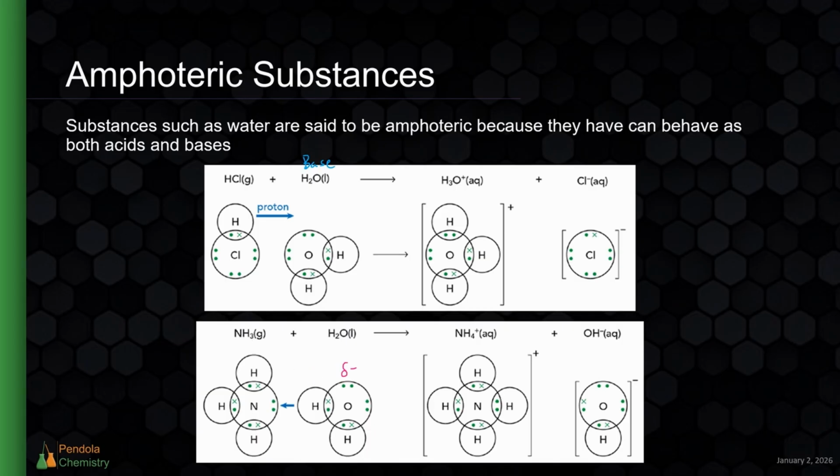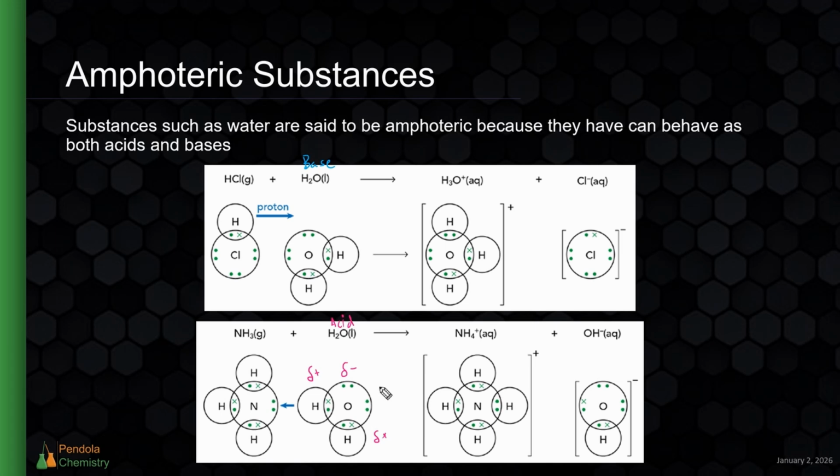Because the hydrogens in water are partially positive and the oxygens are partially negative, we have a polar bond where the hydrogen is removable. Because of this, water can also act like an acid. Like in that reaction we saw earlier with ammonia, where ammonia uses its lone pair to remove a hydrogen from water. In that particular case, water was acting like an acid.